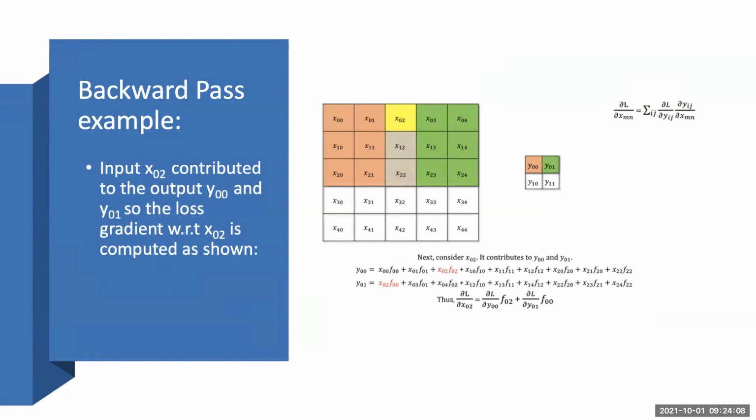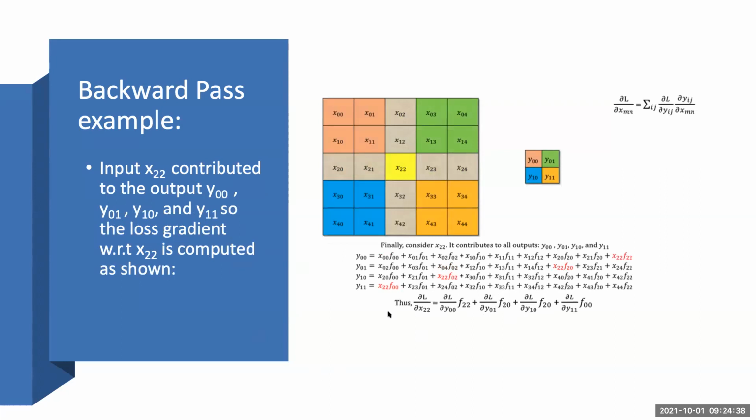But when we slide with a stride of 2, X at 02 contributes both to the first output and the second output, right? So that's why the partial derivative for the loss with respect to that particular X input would be a sum of what you have from the first output and what you have in the second output. Make sense?